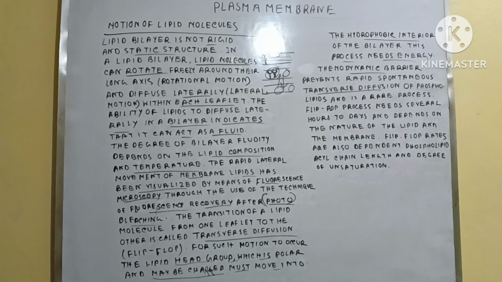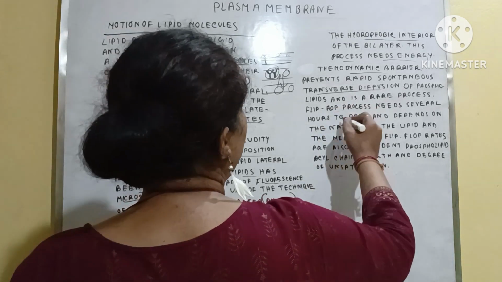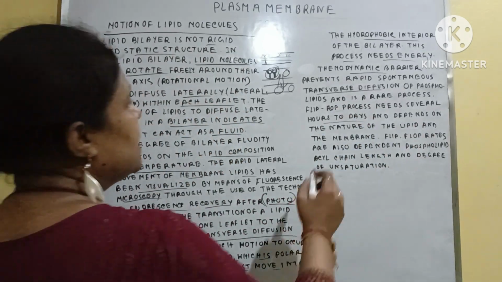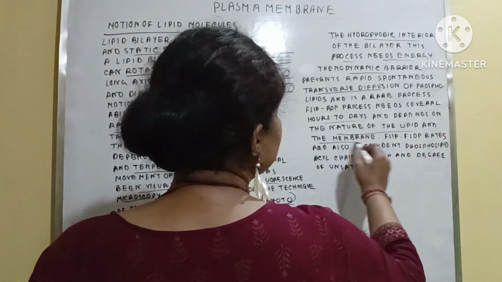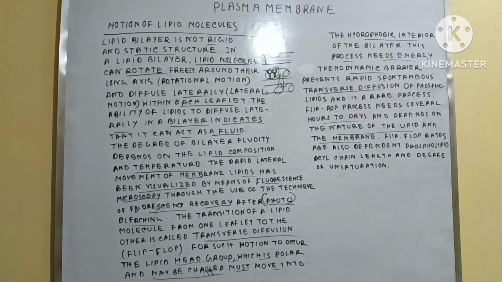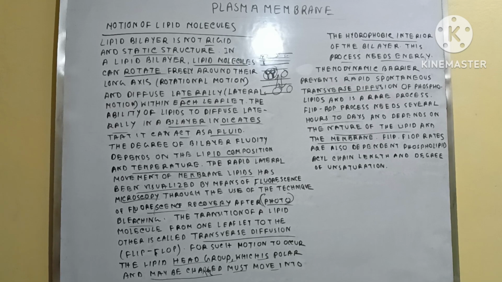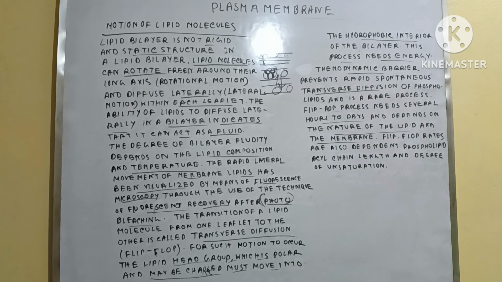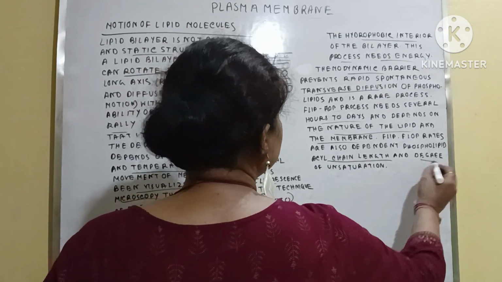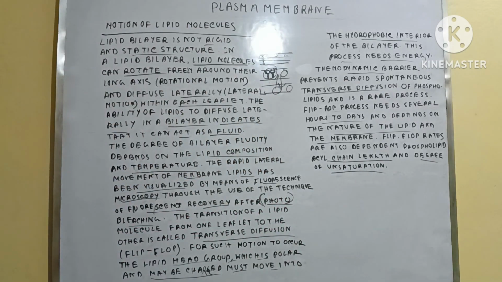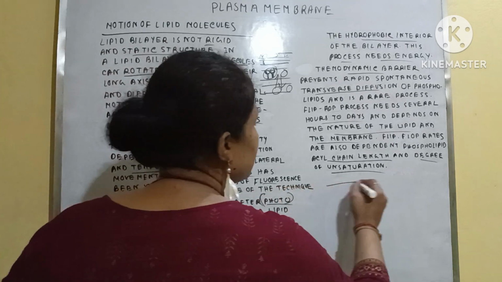This flip-flop process needs several hours to days and depends on the nature of the lipid and the membrane. Transverse diffusion also needs energy, and the rates also depend on the phospholipid acyl chain length and degree of unsaturation.